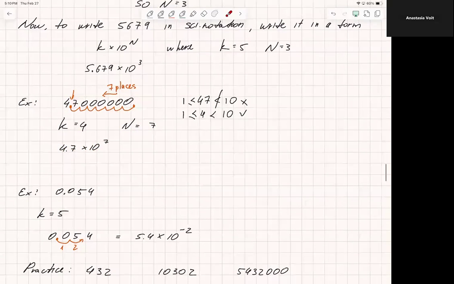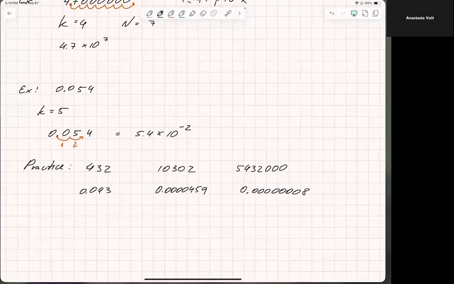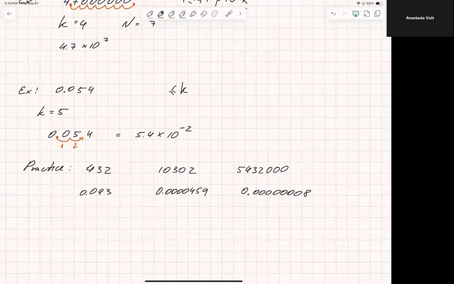Okay, now another example. We have 0.054 and we want to write it again in scientific notation. We need to find our k, and we know that k should be a number between 1 and 10. So the 0 cannot be a k, because it's less than 1.